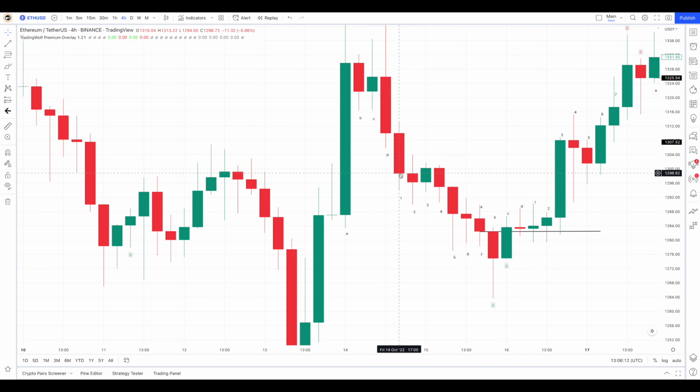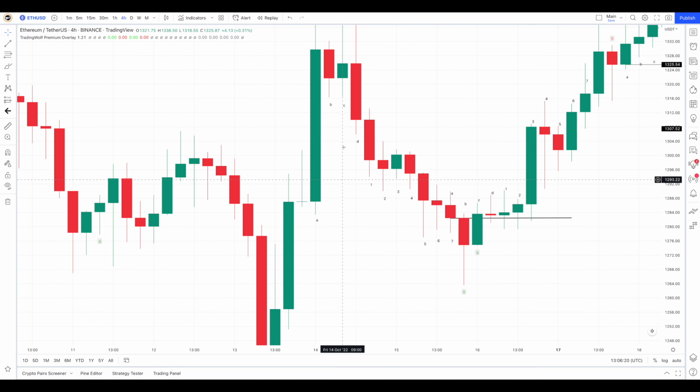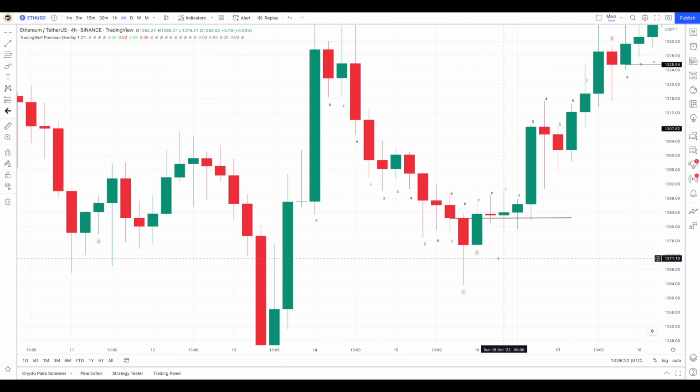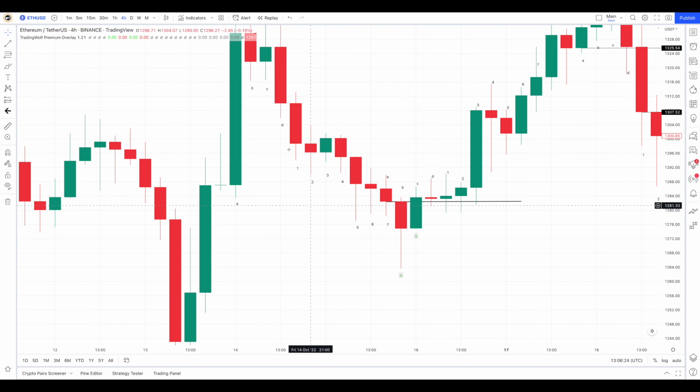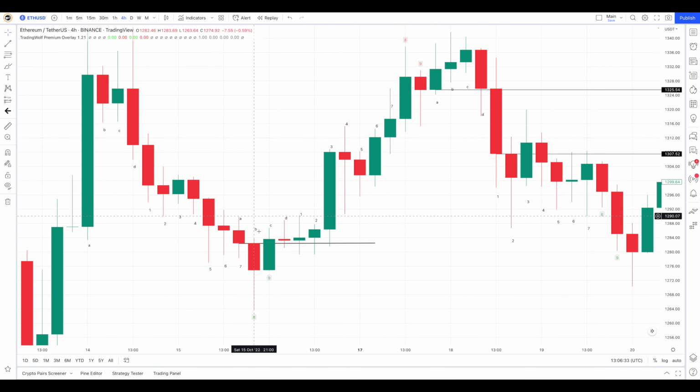So candle 1's close must be below A, which is correct. 2 must be below B. 3 must be below C, and so on. This repeats all the way up until 8 and 9. As you can see here, all of this meets in place, and we have an 8 and a 9, which signify a strong reversal. Going the other way, once again, you've got a 9, 8 all the way down onto the 2, 1 here.